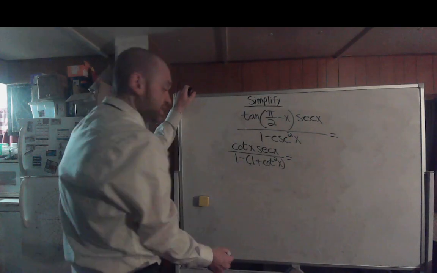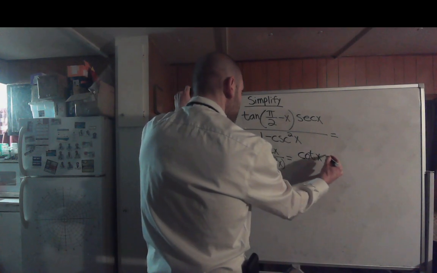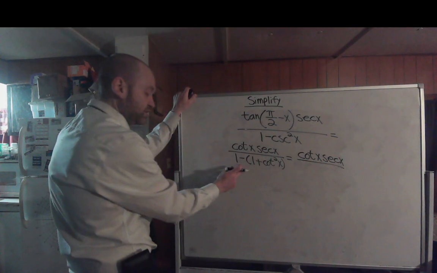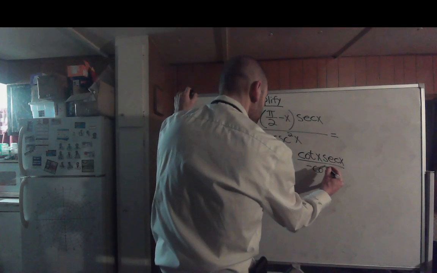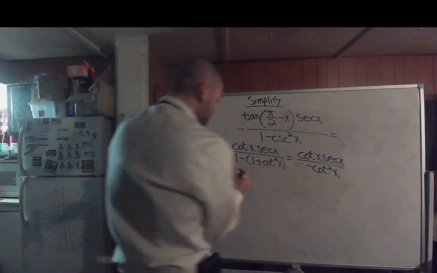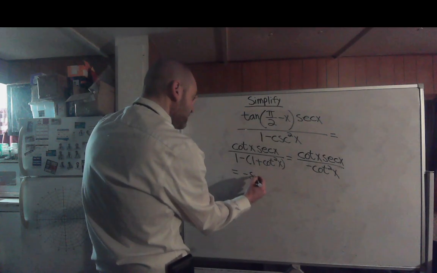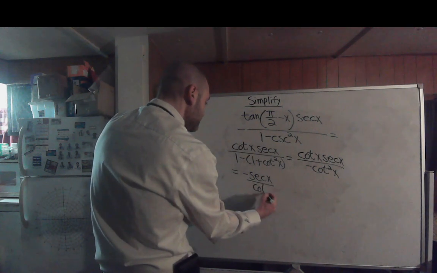So this is going to simplify further into the cotangent of x times the secant of x. Now your 1's cancel out in the denominator, so this would just be over negative cotangent squared of x, which will simplify even further into just negative of the secant of x over the cotangent of x.